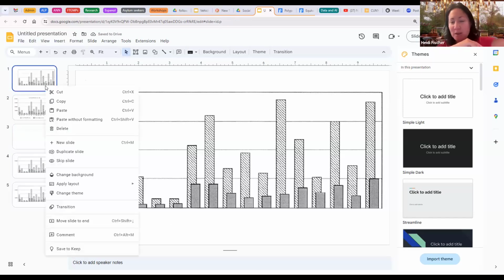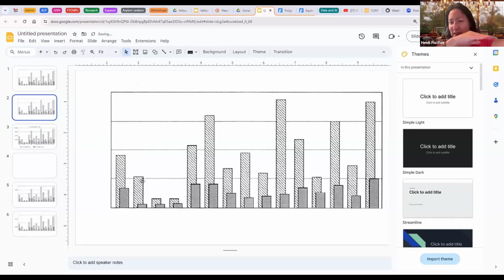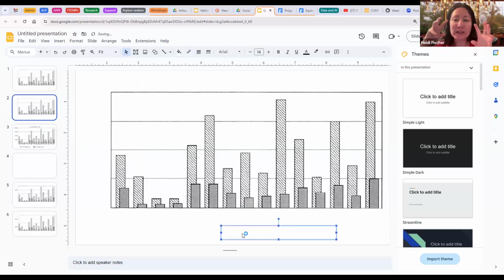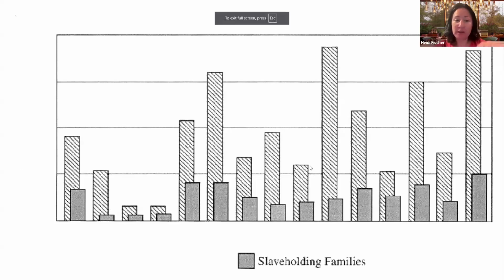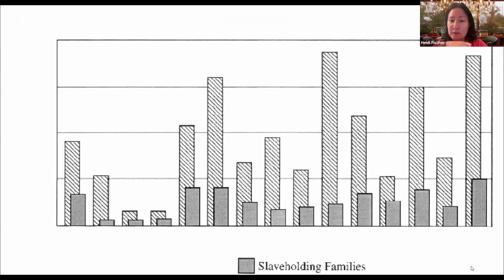So you said, put the 150 and the 50 and then talk about, well, what could be the middle number? Whatever it is that you want them to focus on, you're making your choices about what to reveal first, right? Because the path I saw was maybe reveal slaveholding families, make some guesses about what the numbers are, maybe show the low number, depending on what you want the students talking about.